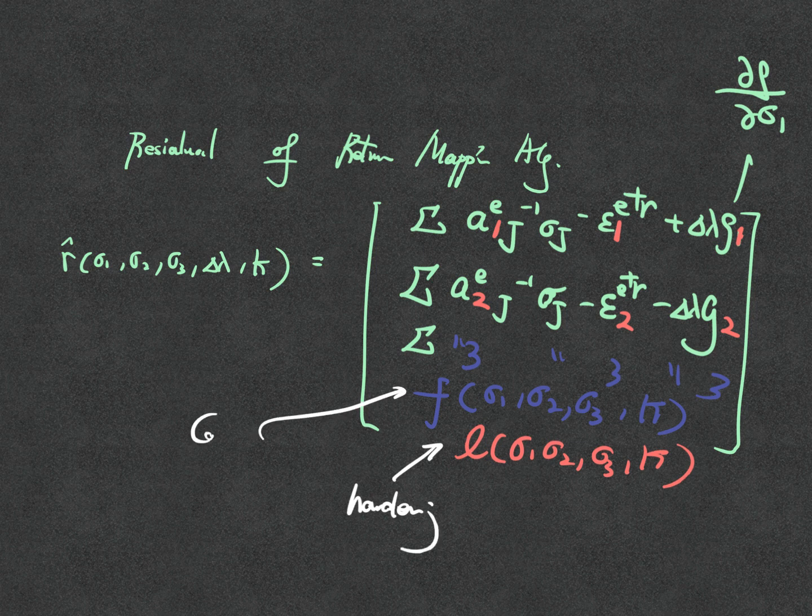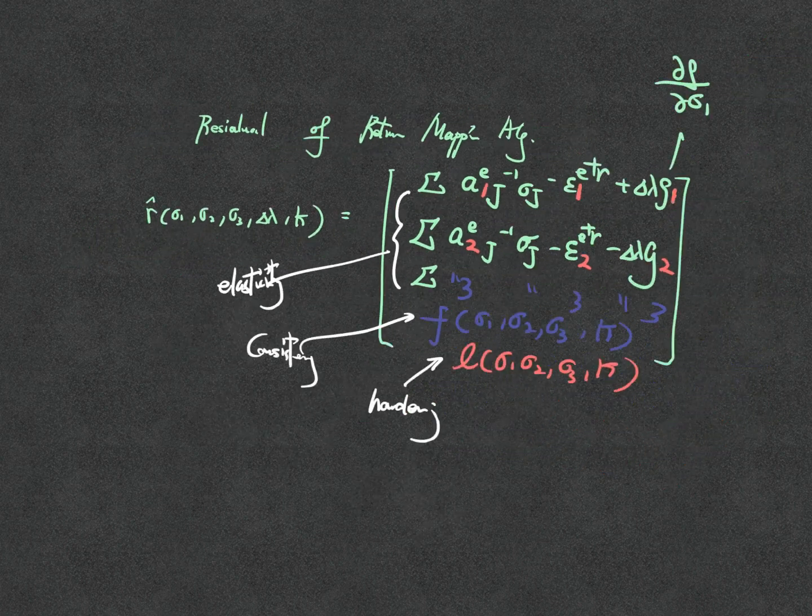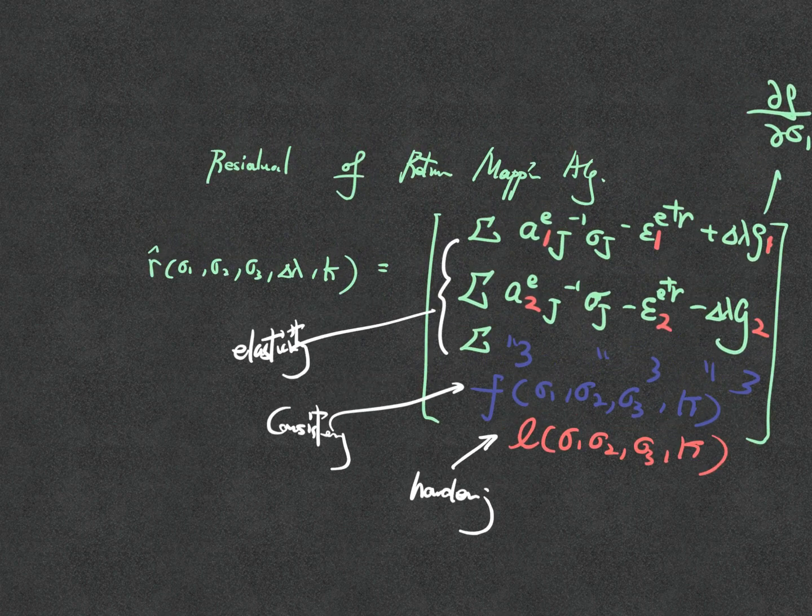This is actually from the consistency equation. And these 3 are just the elasticity with corrections. Now I have this system of equations in my return mapping, and I want to find the solutions. To obtain the stress update, I simply need to solve this.